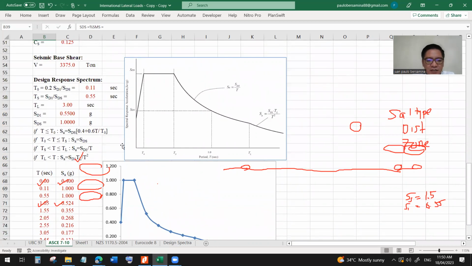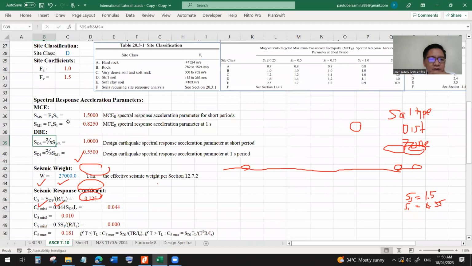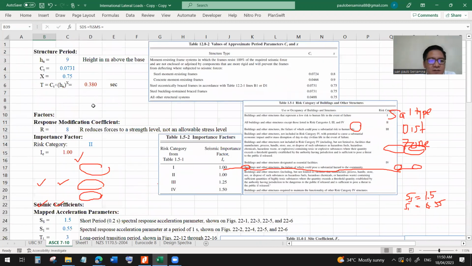Kung i-edit ko naman ngayon yung pang base shear, pero hindi ko priority yung base shear ngayon. But for the sake of getting the base shear or comparing with UBC, we'll discuss that. I mean, we'll discuss using the spreadsheet.